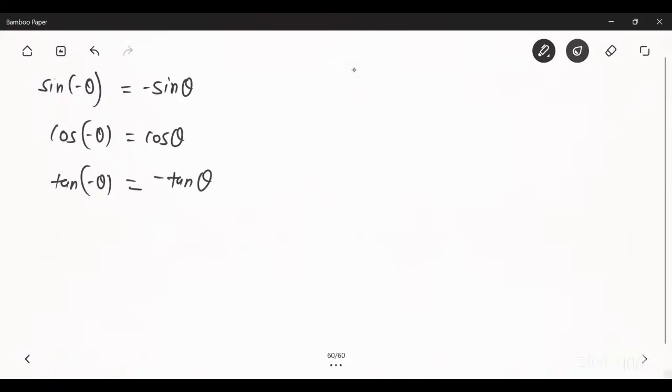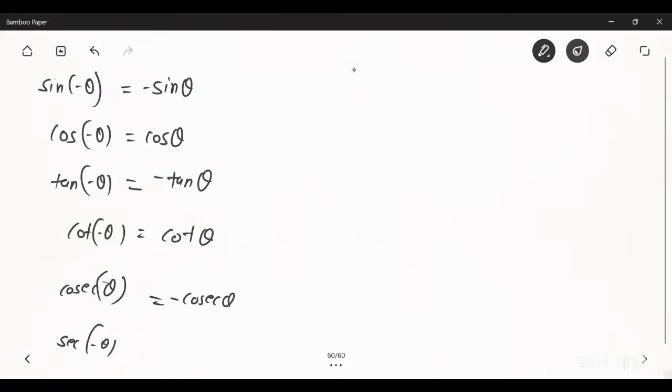Cot minus theta is equal to cot theta. Cosec minus theta is equal to minus cosec theta. Sec minus theta is equal to sec theta.